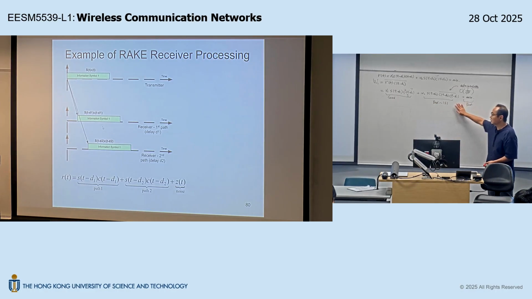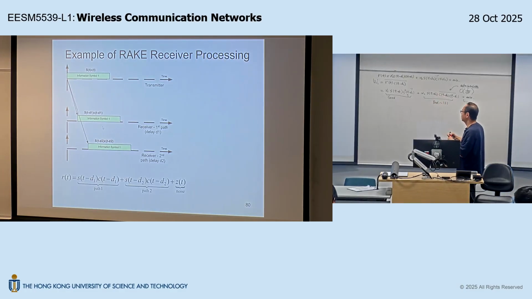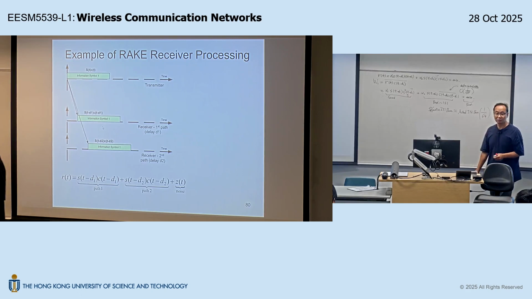So here is another example. If you look at the ISI power, from this you can see that the effective interference power is equal to the actual interference power times 1 over 64. Right?